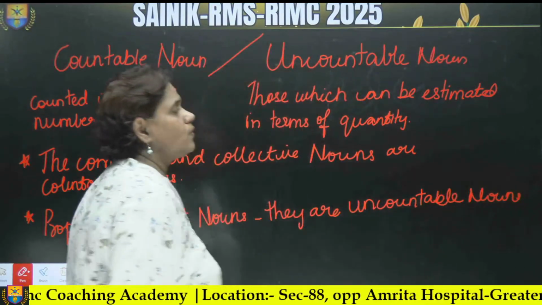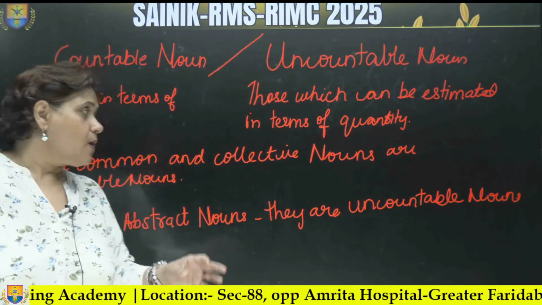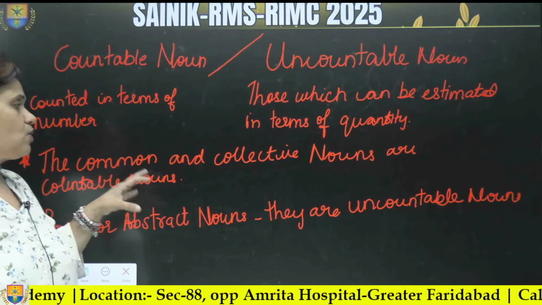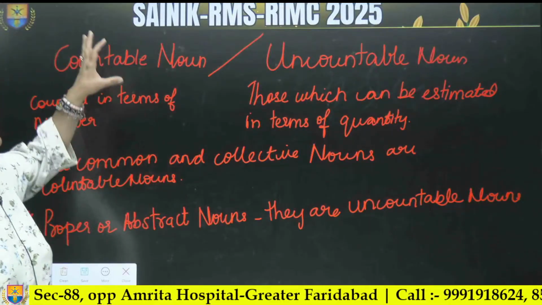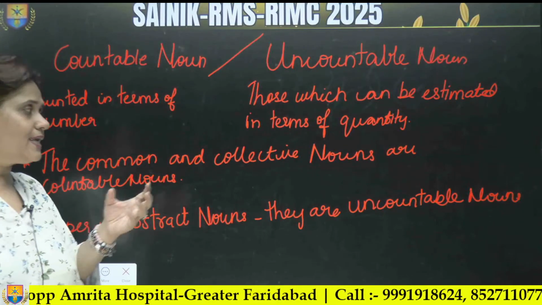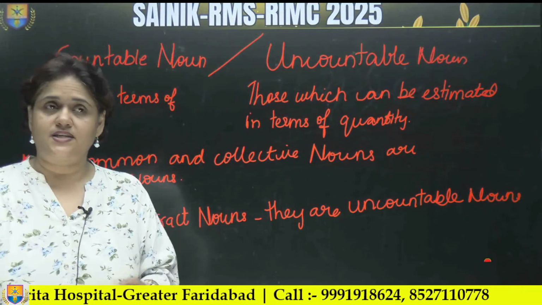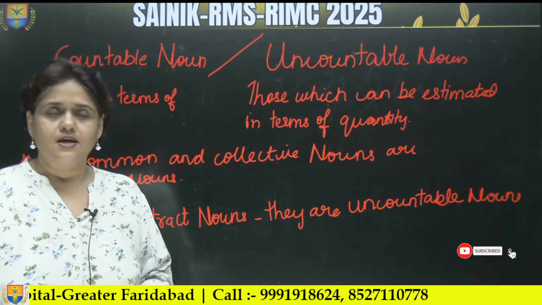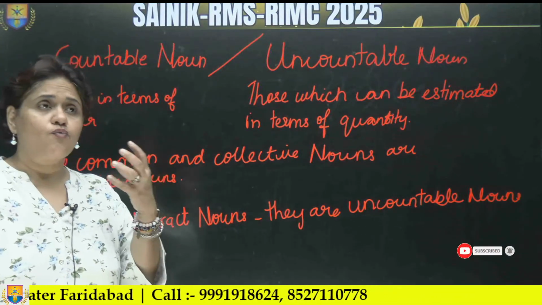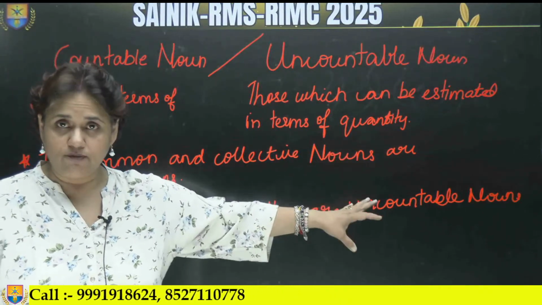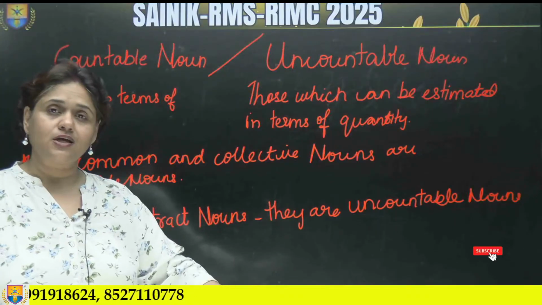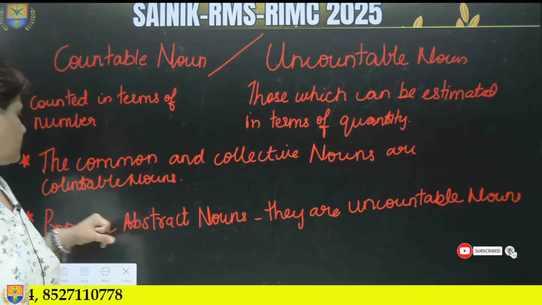Okay, so here we give an explanation to this, where we have noticed the common and the collective nouns. Why are we categorizing this in the countable nouns? We can count the collective nouns, as we say a group of members, a fleet of ships. Whatever you are saying, they are in a group, they come under collective nouns, but the fact is that they can be counted.